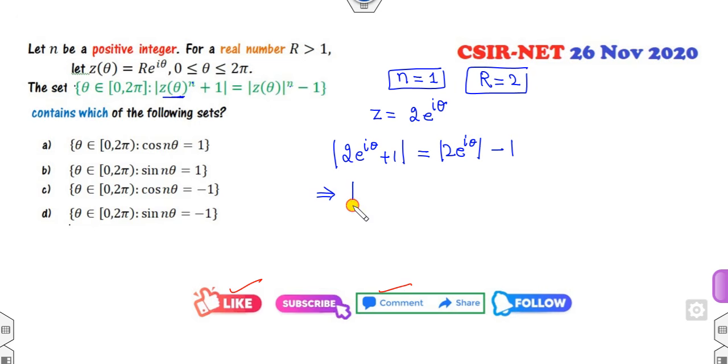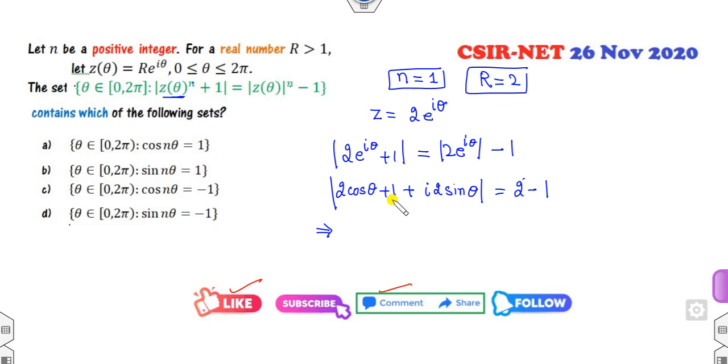So now this number will be, or I can write it in the real and imaginary parts first. It's 2 cos theta plus 1 plus iota 2 sine of theta. What is the modulus of this? It will be 2 minus 1. So this number will be 2 into 2, 4. Fine.